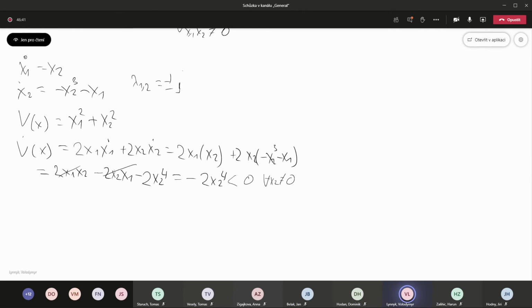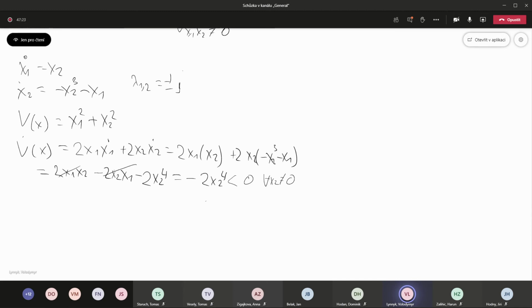What can we say about this system? Is it stable or unstable? Asymptotically stable? No. We can say only that it's stable, because here there is no x1. If it were minus 2x2 to the fourth degree and, for example, minus x1 squared, then we could say it's globally asymptotically stable, but now not.